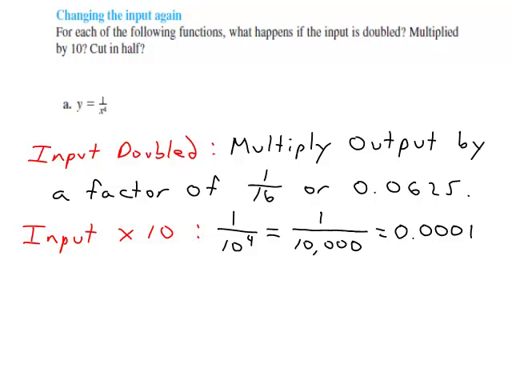So if the input were multiplied by a factor of 10, then we would have to multiply the output by a factor of 1 over 10,000, or 0.0001.